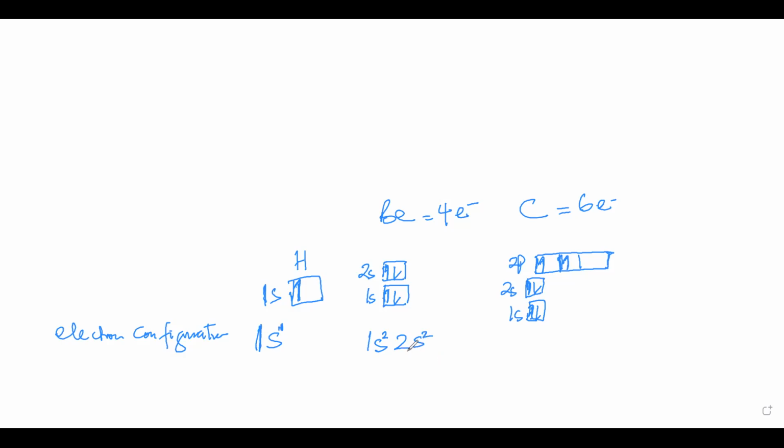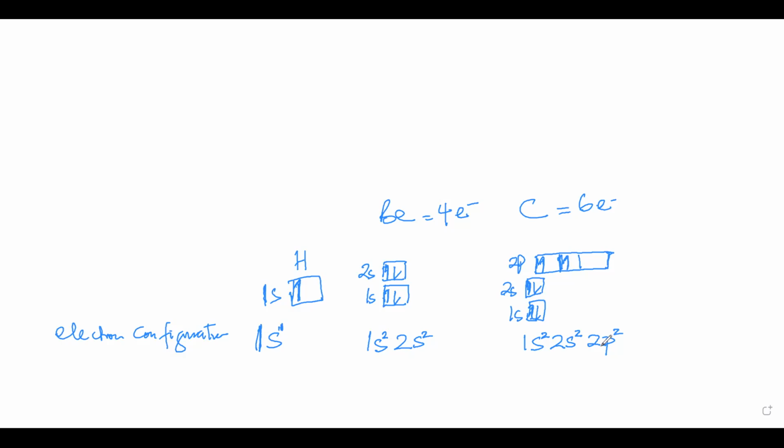Then for this one, 1s, there's 2, followed by 2s. There are 2 electrons in this energy level in this orbital. Then this one, 2p, there are 2. So this is the electron configuration for carbon, okay?